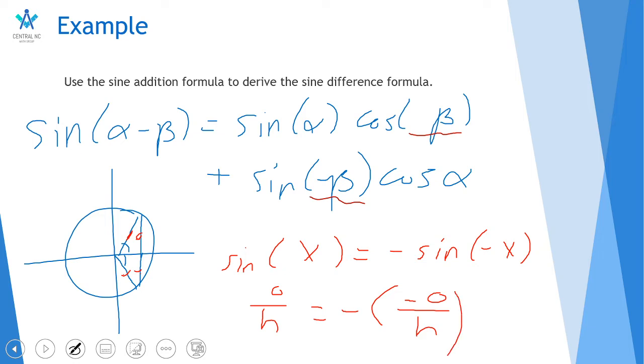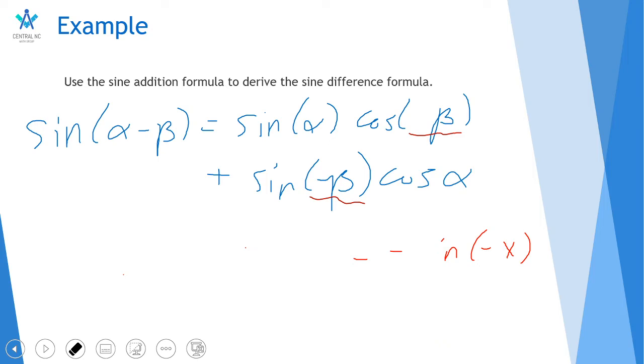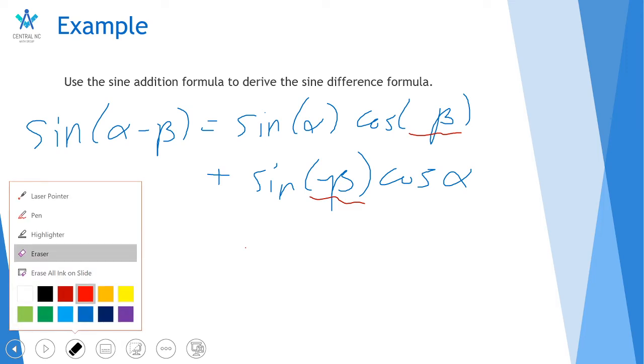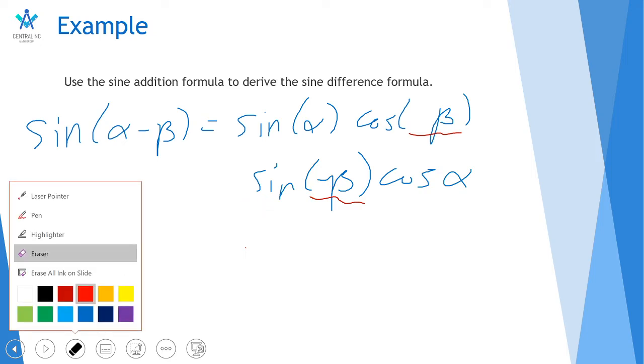So, erasing all this, we can see that sine negative beta is going to become negative sine beta. So essentially we're just going to bring this negative symbol out.